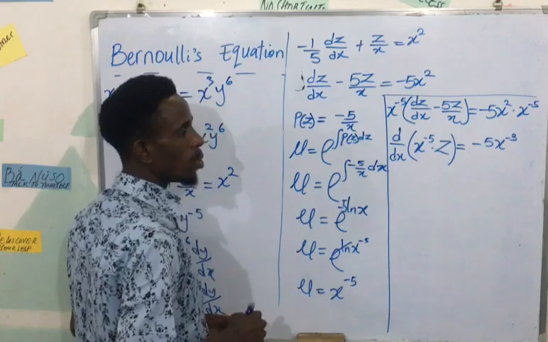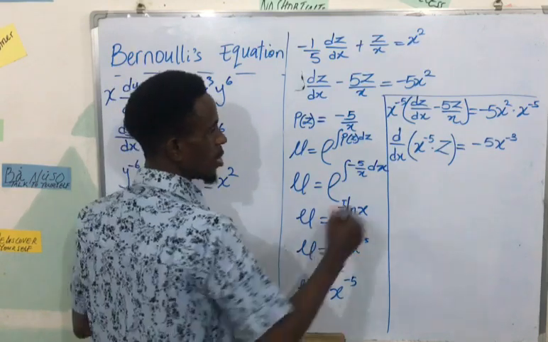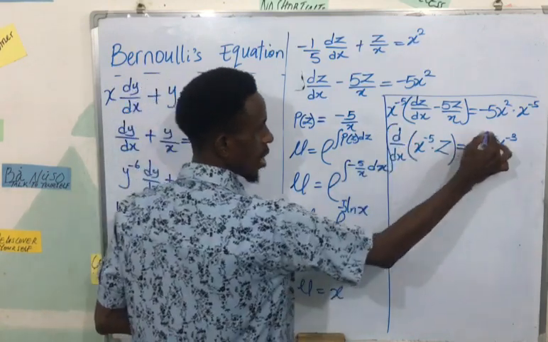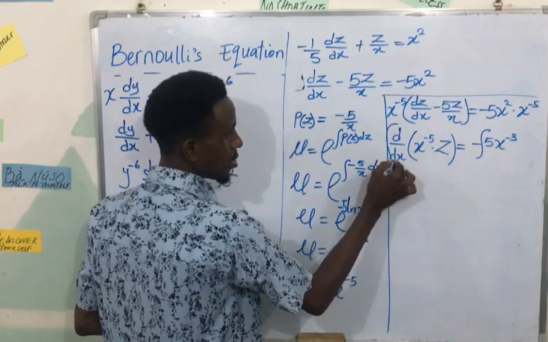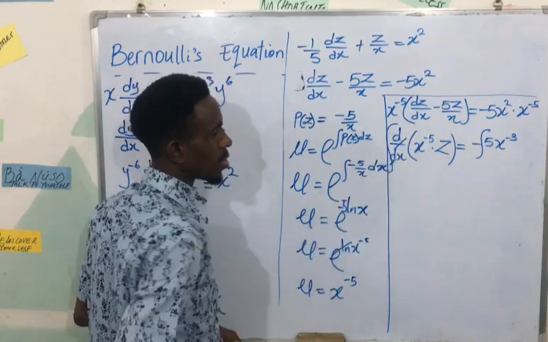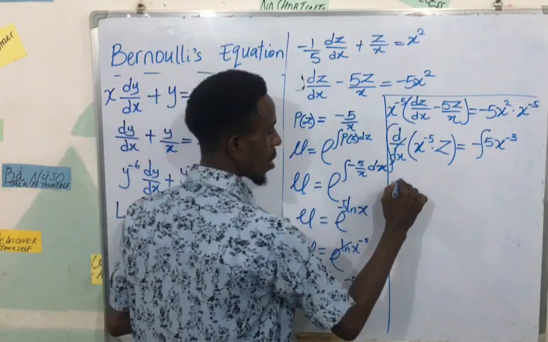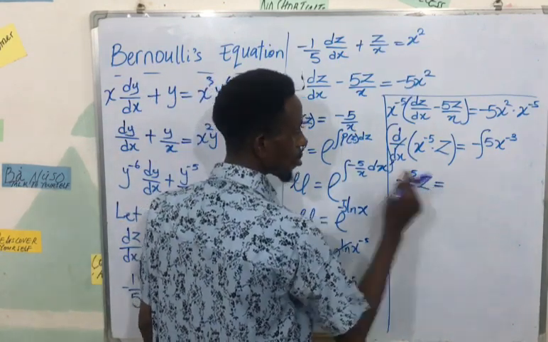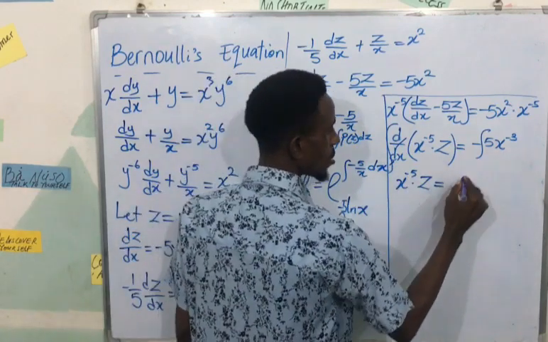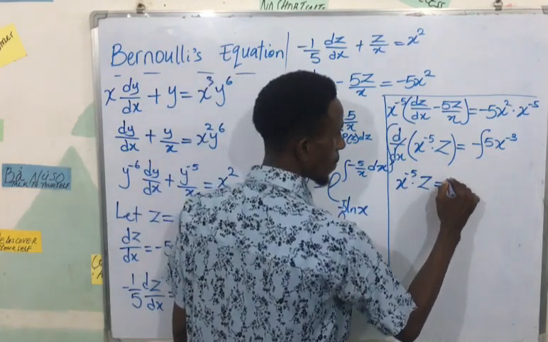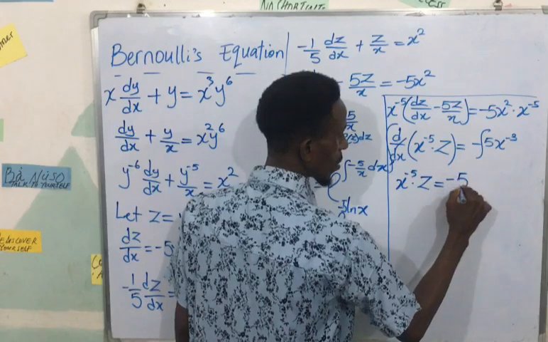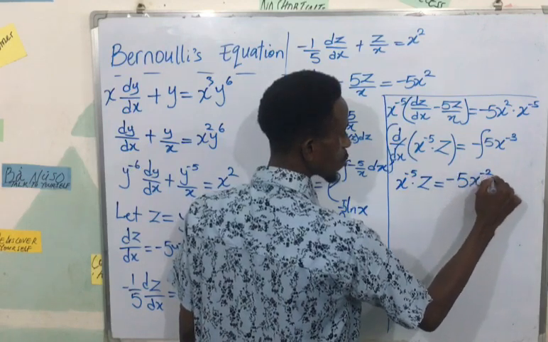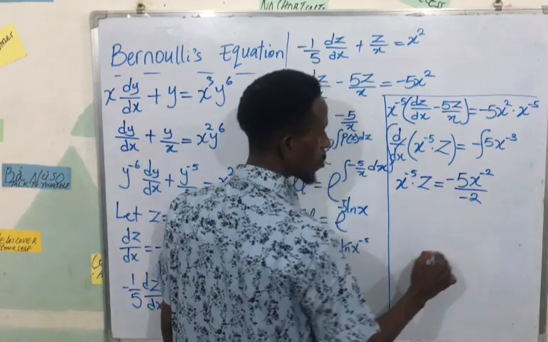Now I will integrate both sides. Integrating this side and this side, this integration sign and this d dx will go. So I'm having x to the minus 5 z is equal to, integrating this now, minus 5x raised to the power of minus 2 over minus 2.